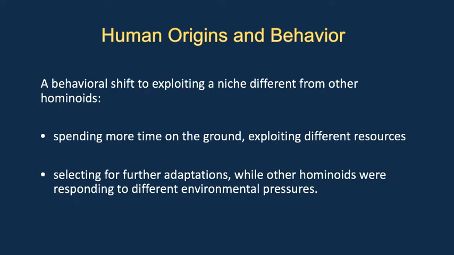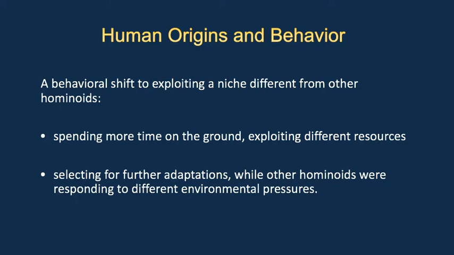So our ancestors begin to differentiate because they're starting to exploit a different ecological niche. Now, an ecological niche can cover a lot of different aspects of the life of an animal: where they live, when they're awake, what they eat, what their mating cycles are, all of that kind of stuff. So for hominins in particular, we're talking about spending more time on the ground, coming down out of the trees a little bit more, and exploiting different resources.